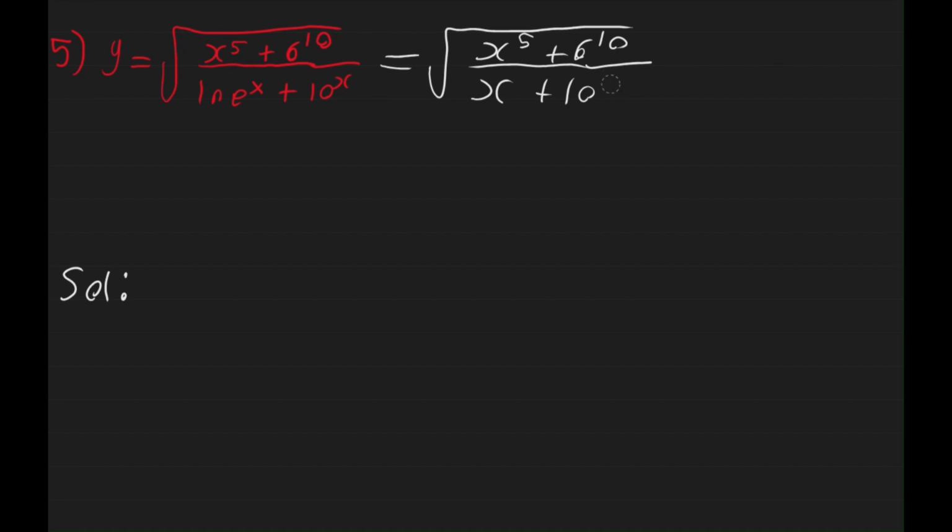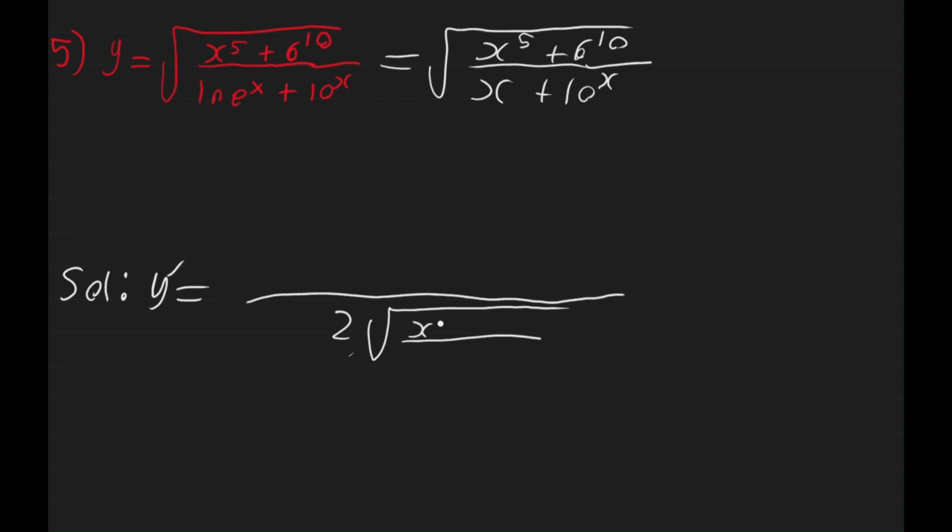And now to differentiate it, we say y dash is equal to, this is a root, right? So we write 2 root x power 5 plus 6 power 10 over x plus 10 power x.